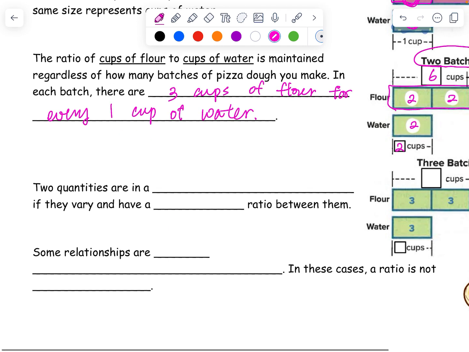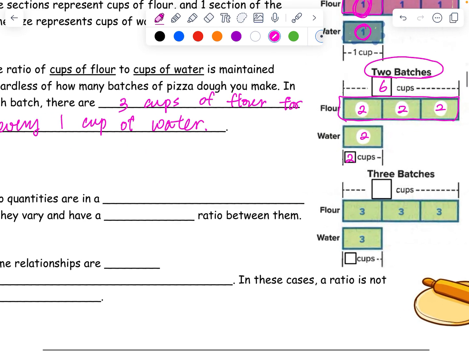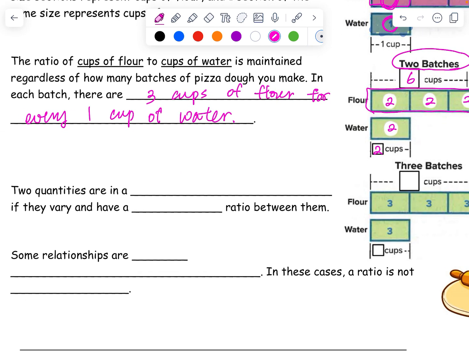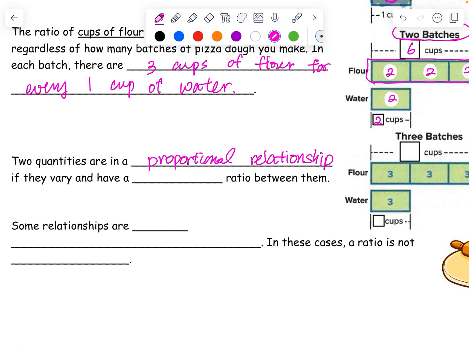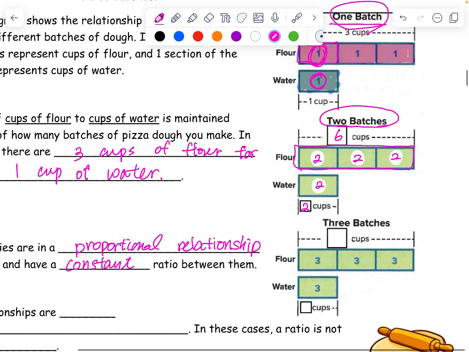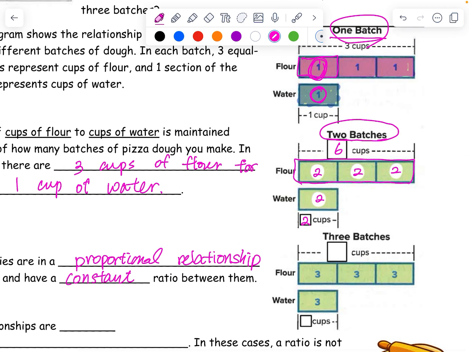When you look at this, 2 quantities are in a proportional relationship if they vary and have a consistent or constant ratio between them. Let's look at this. The ratio of flour to water for this one was 3 to 1.